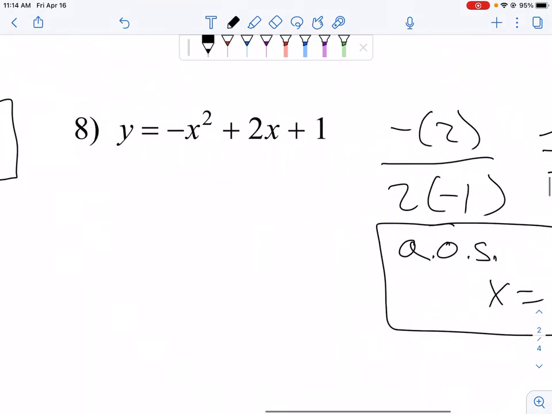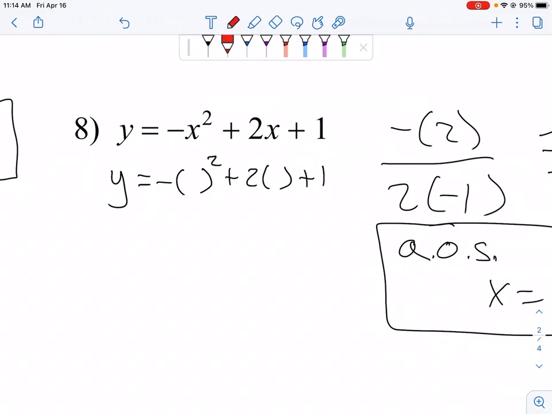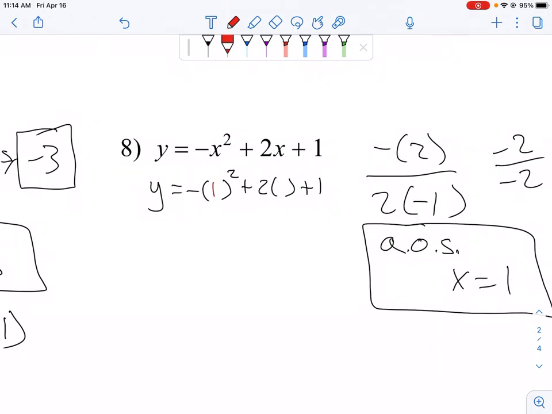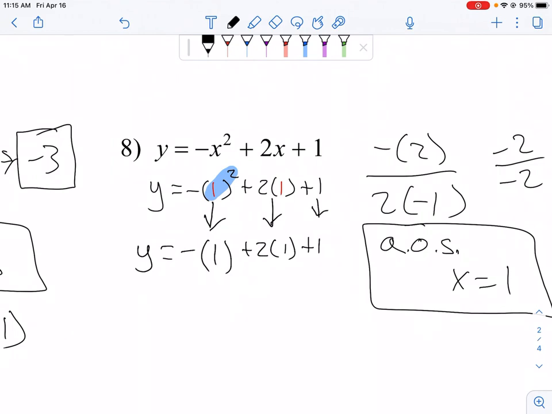So then we're going to come over here and we're going to plug that in. y equals negative. And I'm replacing x with 1. I'm going to do 1 to the second power, which makes 1. But there's still that negative outside trying to multiply with it. Everything else stayed the same. Now I'm going to multiply these together.